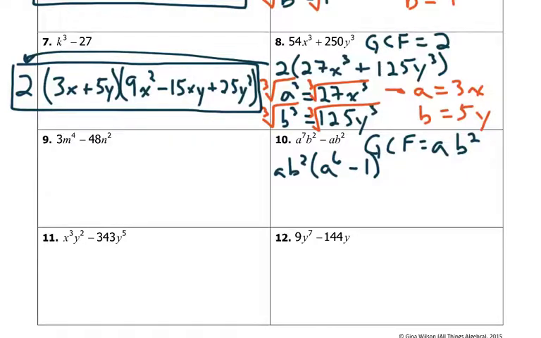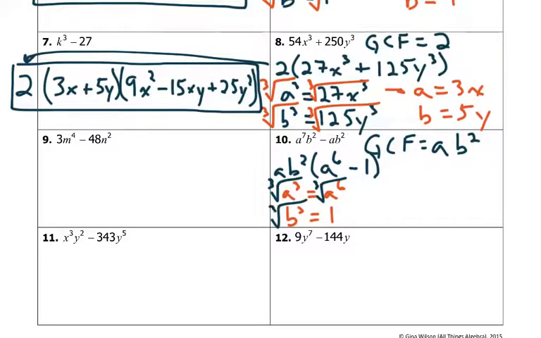So a cubed here equals a to the 6th. B cubed equals 1. Take the cube root of each to simplify. Get a by itself.